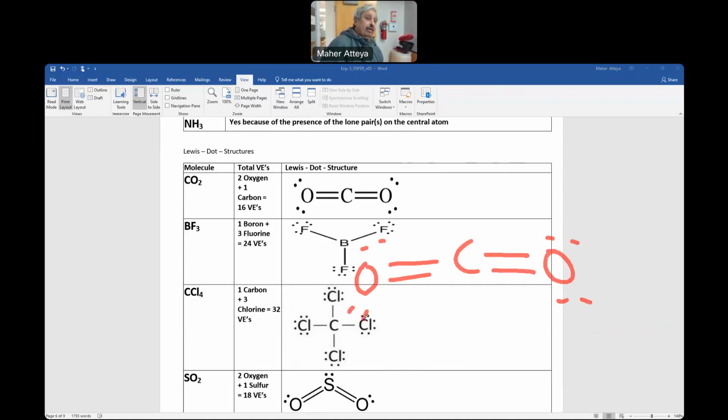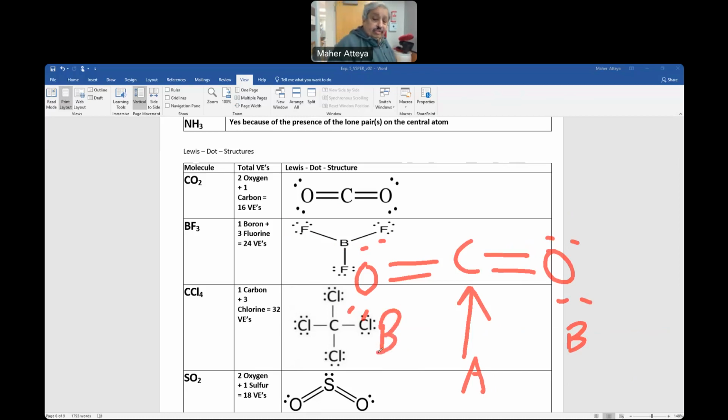So we made them double bonds to obey the octet rule for oxygen and carbon. Both of them are 8. Now, this is the central atom. This central atom, I'll give it the designation A. And this is the terminal atom, or edge atom, called B.